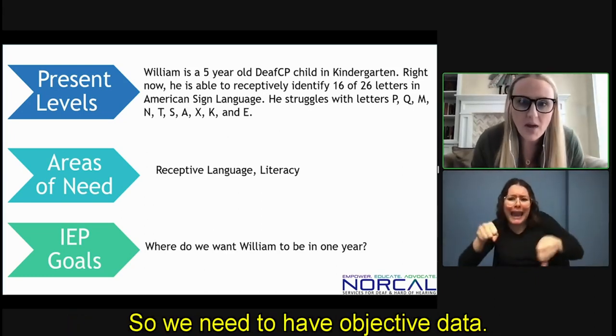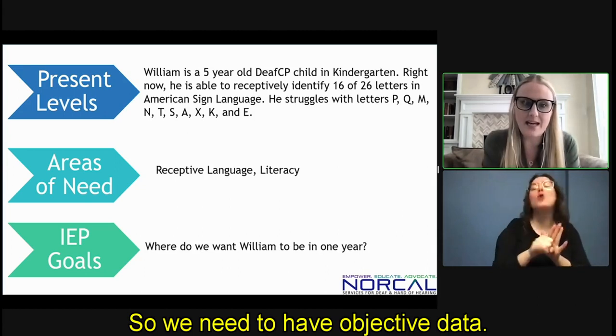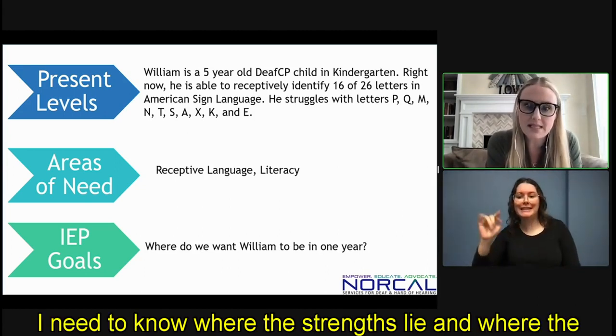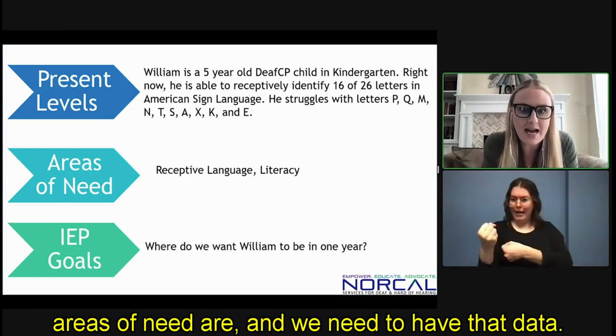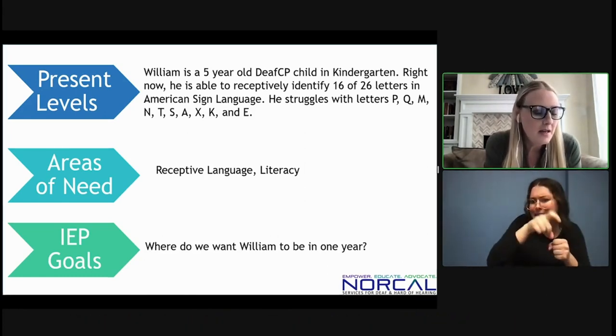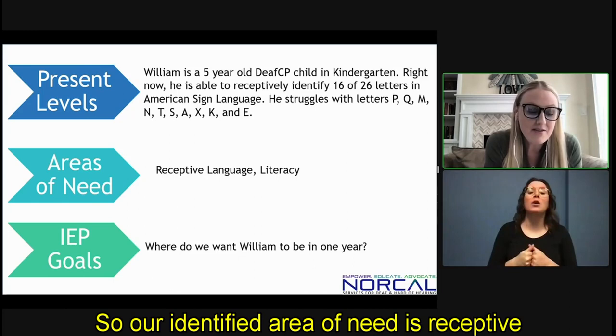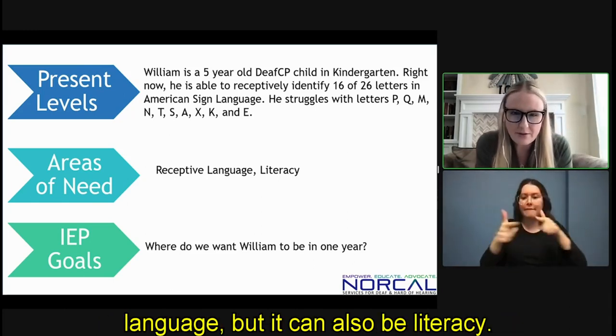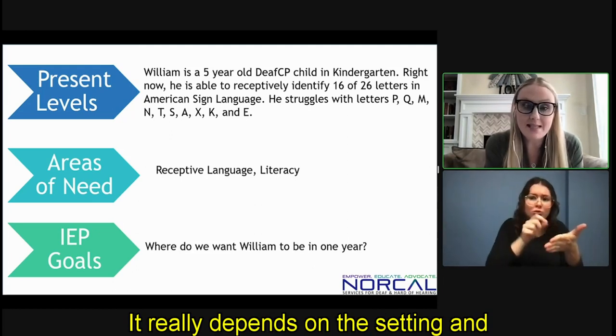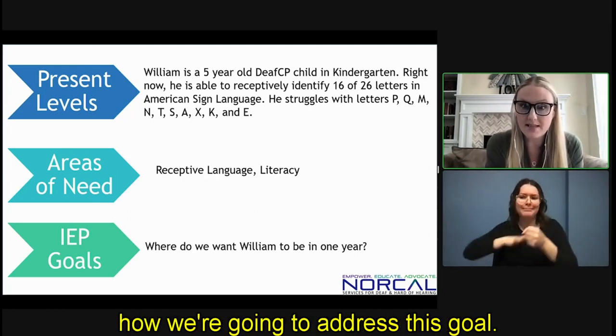So we need to have objective data. I need to know where the strengths lie and where the areas of need are, and we need to have that data. So our identified area of need is receptive language, but it can also be literacy. It really depends on the setting and how we're going to address this goal.